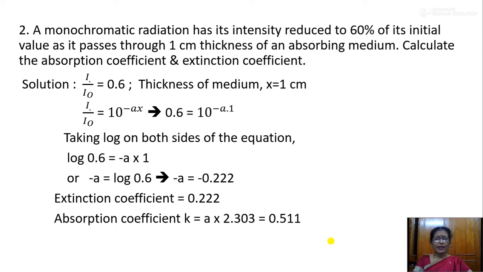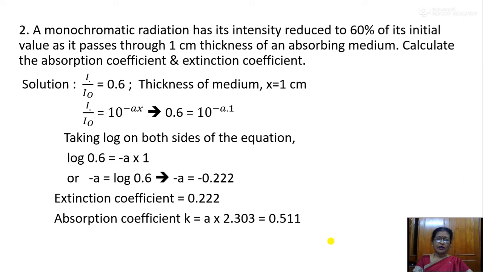Thickness of the medium will be 1 centimeter, x. Then I by I naught is equal to 10 to the power minus a x is the formula. I by I naught value you know, 0.6 is equal to 10 to the power minus a into x, x is equal to 1. Here you have to find out a.